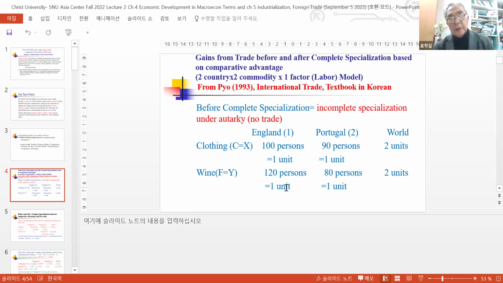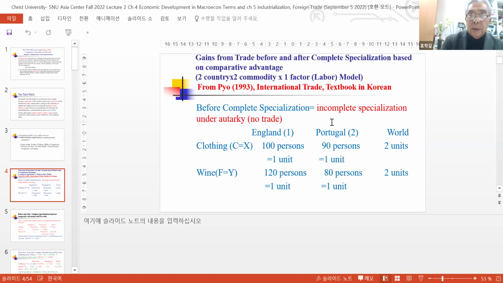So in this case, you can see Portugal has absolute advantage over England in both producing clothing and wine. Producing both clothing and wine, Portugal has absolute advantage.